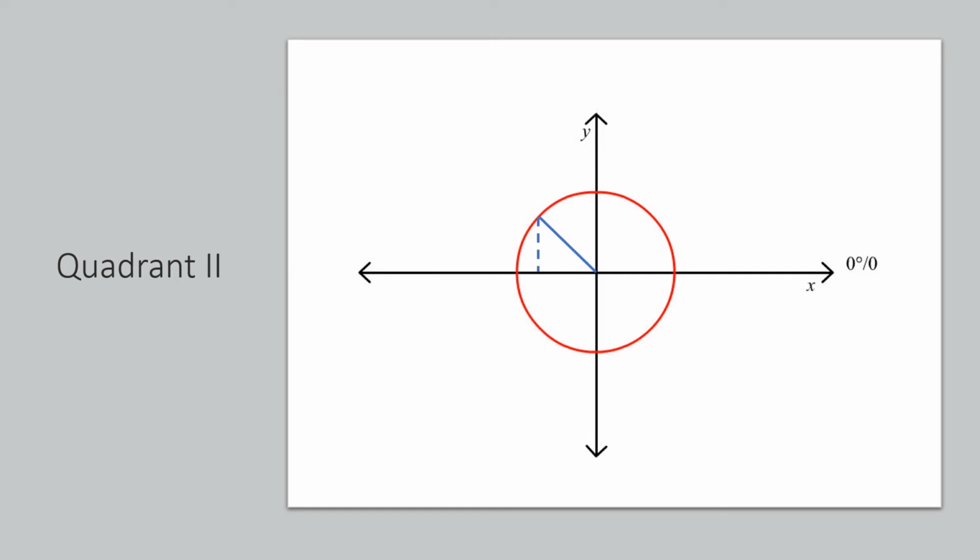Now let's look at the second quadrant. So our angle, or I should say our general angle, will be right here. This is theta, because in the second quadrant our angles are obtuse, meaning that they lie between 90 degrees and 180 degrees. So let's look at our triangle being formed, and we will highlight this one here and we'll call it alpha.